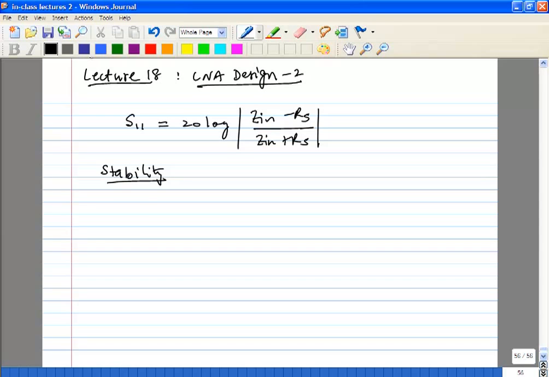Okay, so what did we see? CGD was a problem, right? So how do you get rid of CGD? One very brute force method is, let's say you have CGD.